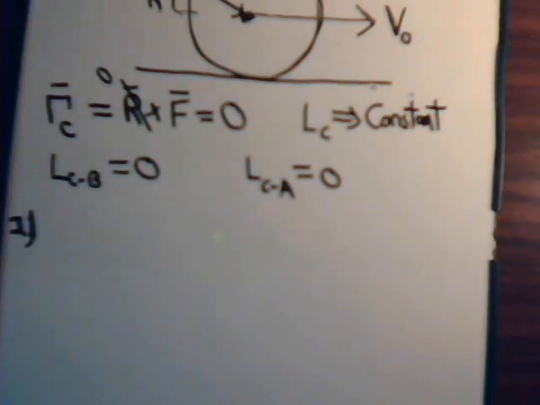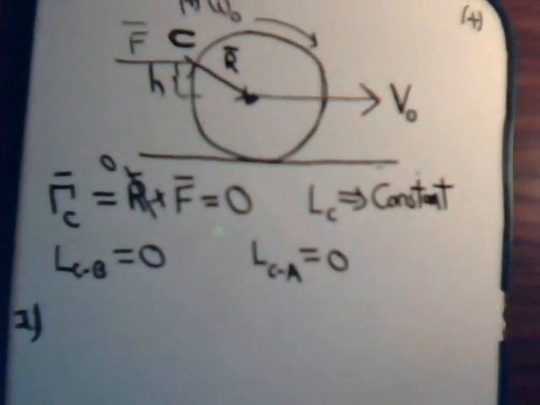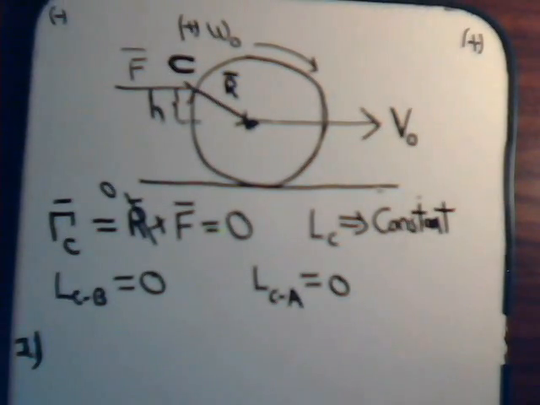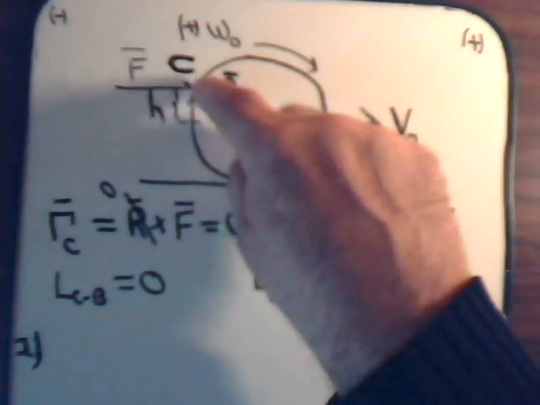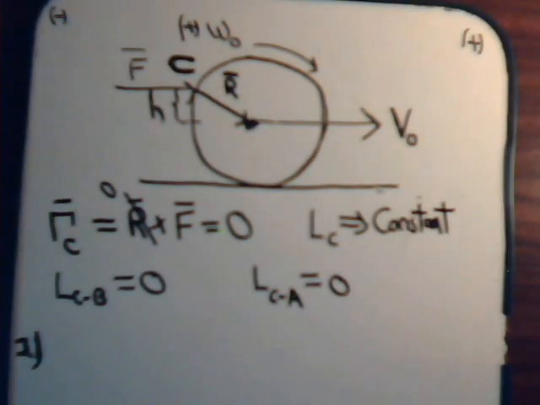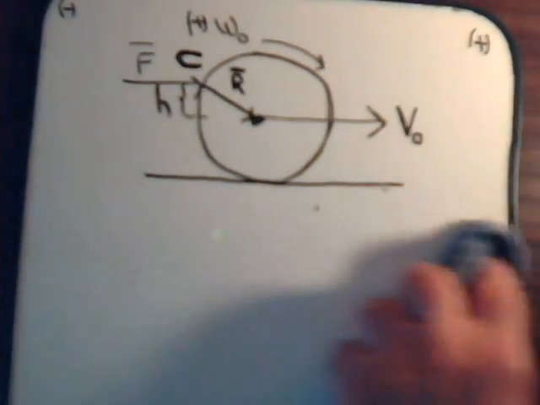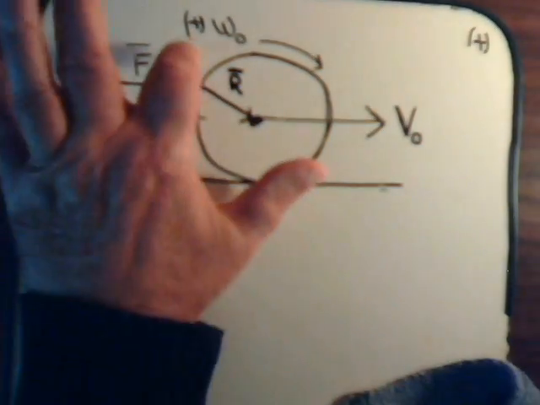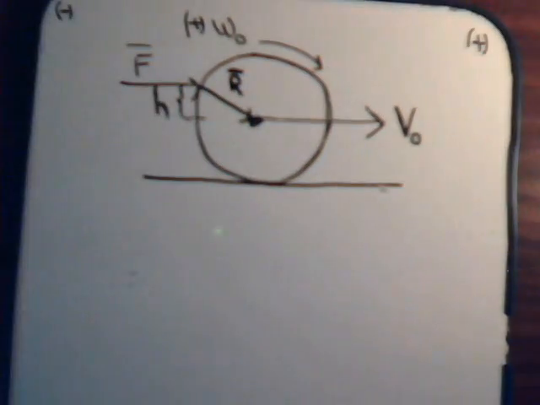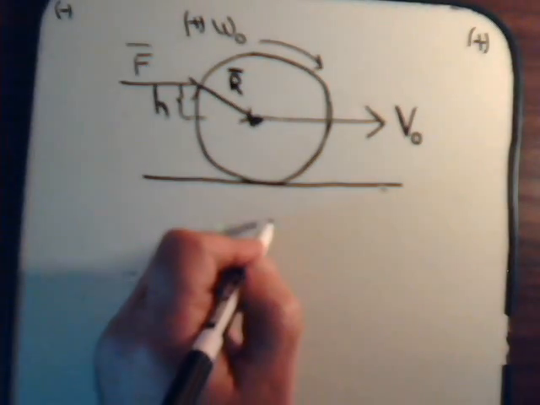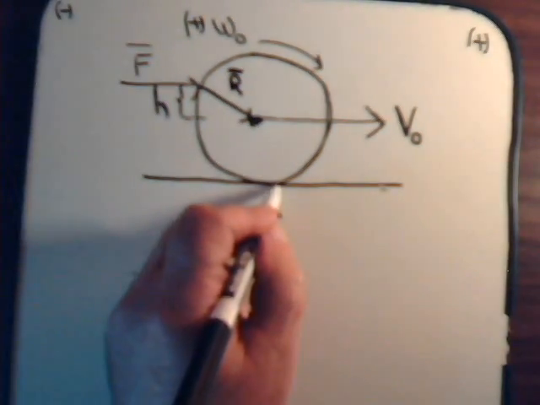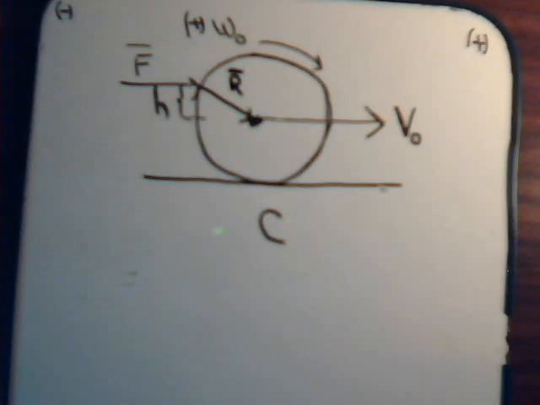So here then we've considered the angular momentum of the billiard ball about this point here. Now let's consider the angular momentum of the billiard ball about this point here, C, right where the billiard ball makes contact with the surface.